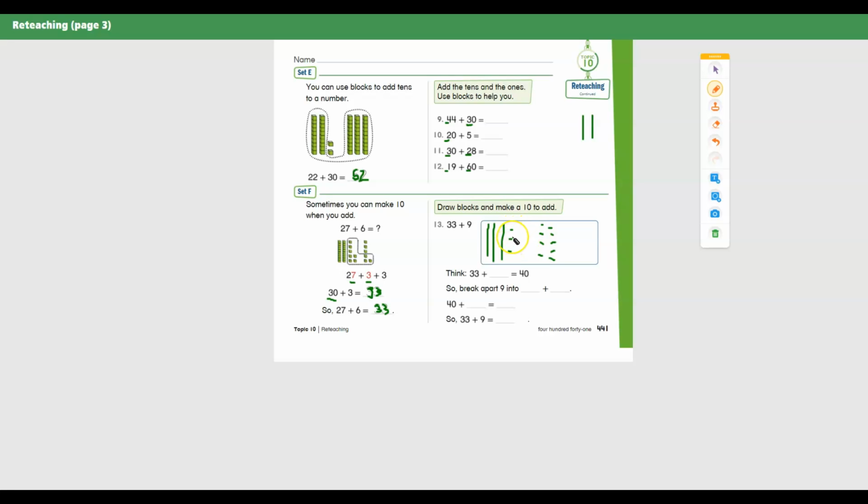If I have 33, if I count on to make 40, that would be adding these 3 plus 7. 33 plus 7 more would give us 40.